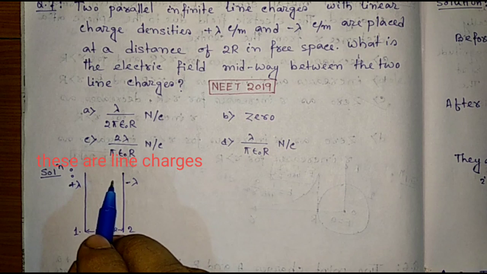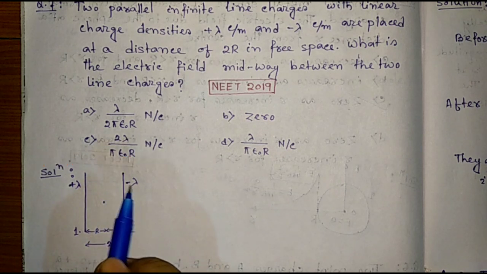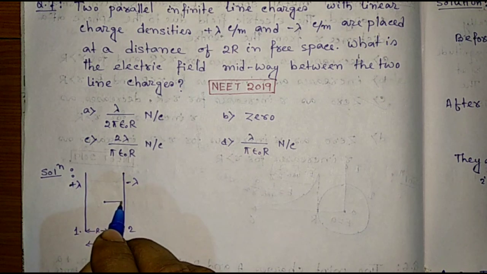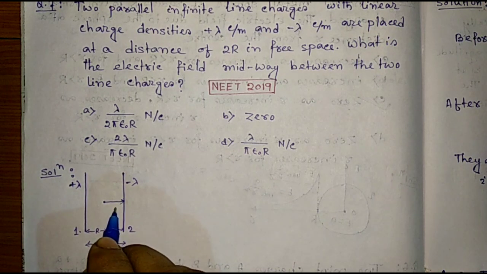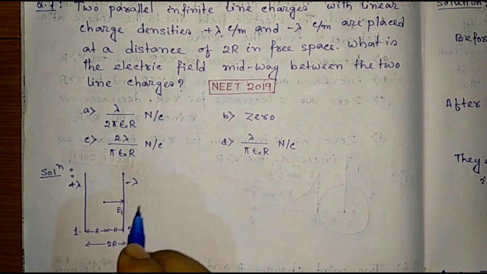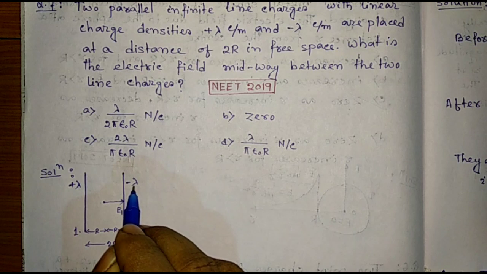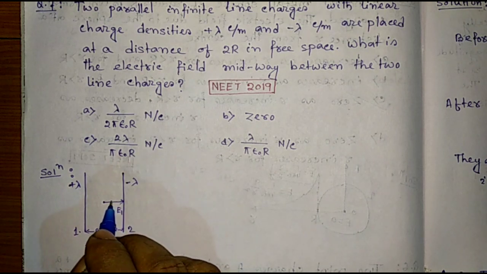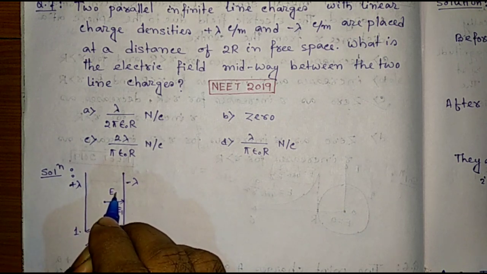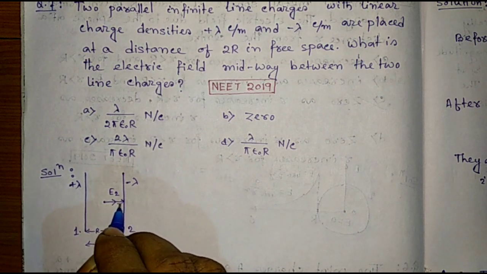For this positively charged plate, the electric field direction is this way. This is E1. And this is negatively charged. For that plate also the electric field is in this direction. This is E2 vector.